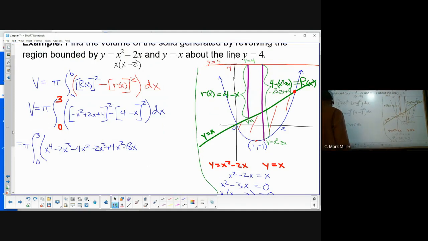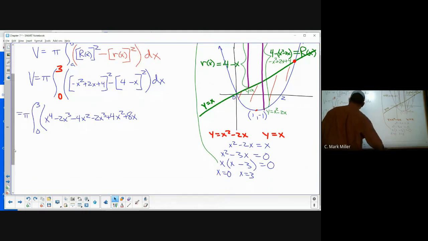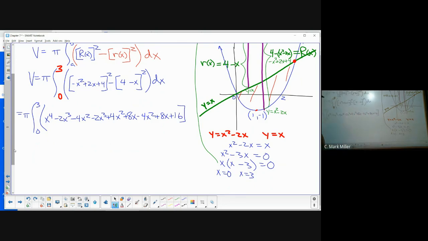Then I have 4 times everything: minus 4x squared plus 8x plus 16, square bracket there, minus this squared: 16 minus 8x plus x squared. Another square bracket, parenthesis, dx.